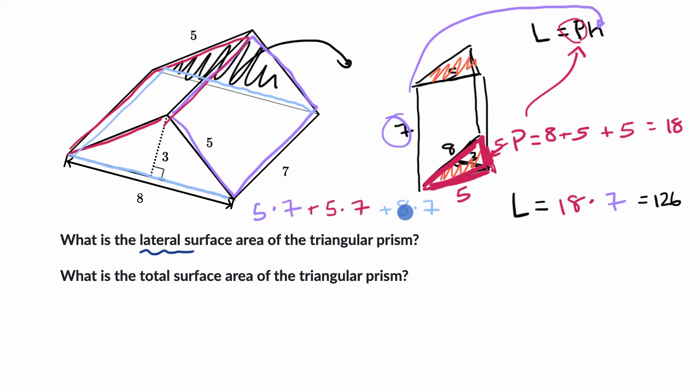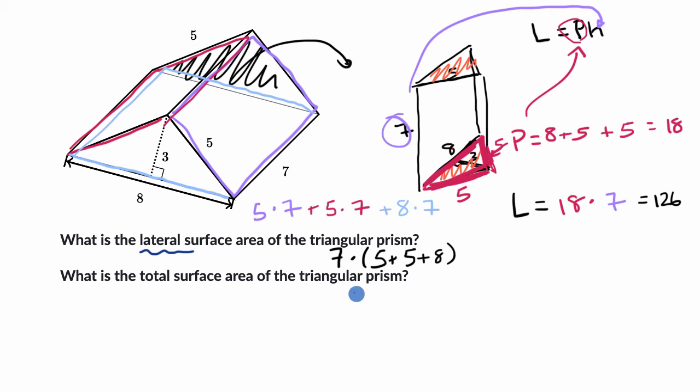This would also calculate the lateral surface area. But notice, this is the same thing. If we were to just factor out a 7 here, this is the same thing as 7 times 5 plus 5 plus 8, or the height, this 7, times the perimeter of the base. So these are just equivalent things. But now let's get to this other part.